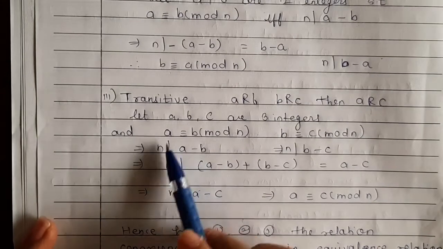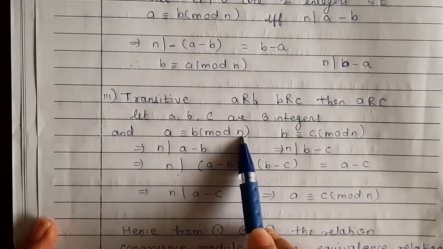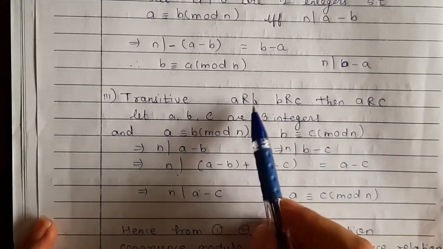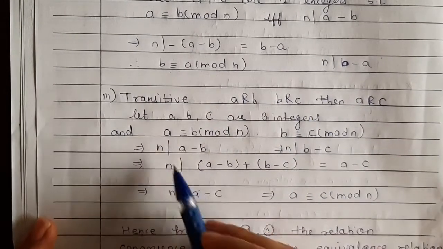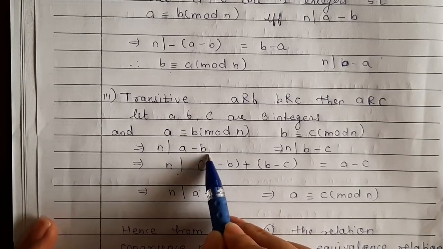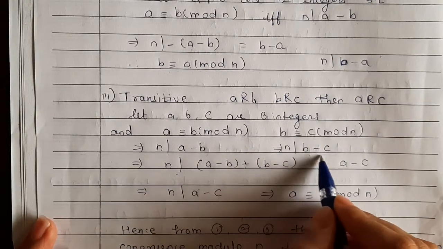We get a is congruent to b mod n and b is congruent to c mod n. From this we get n divides a minus b, and n divides b minus c.